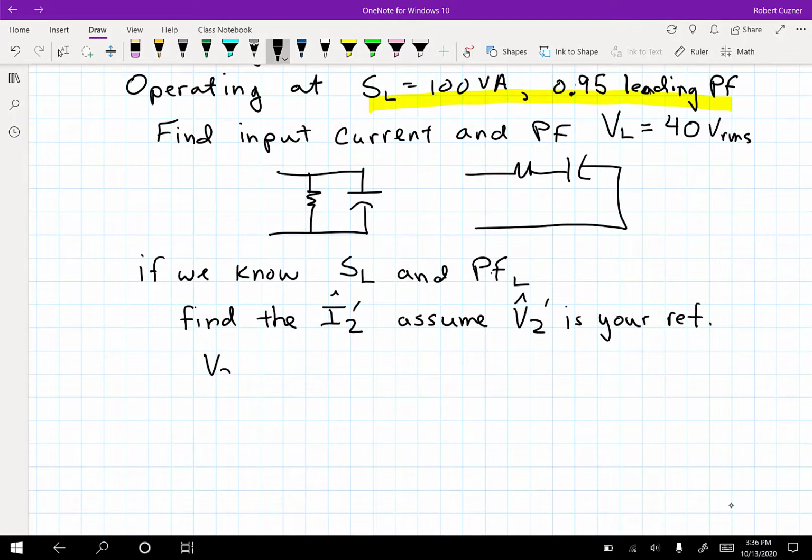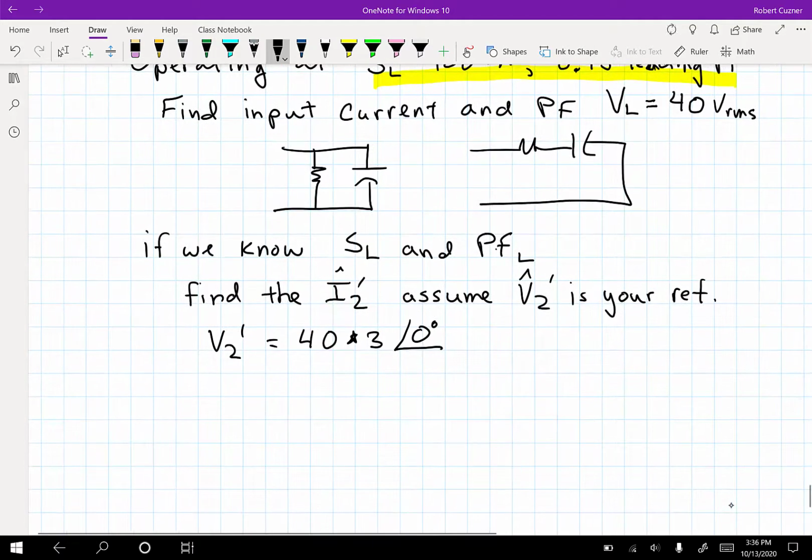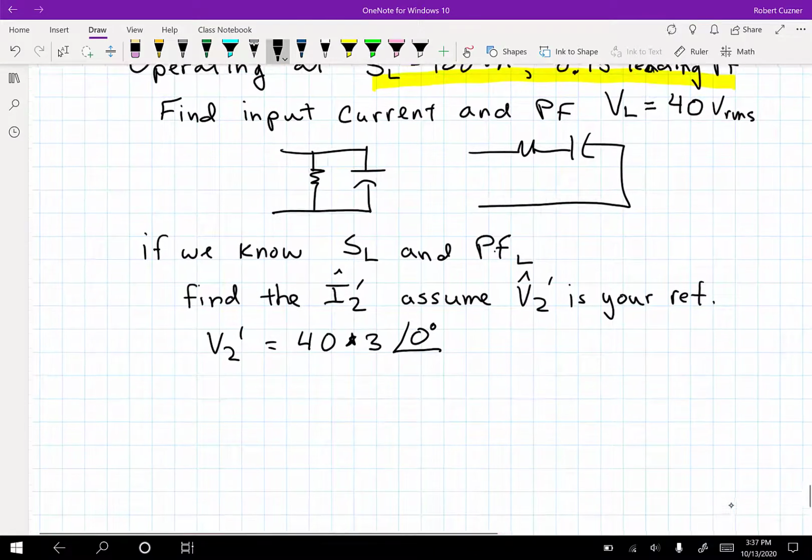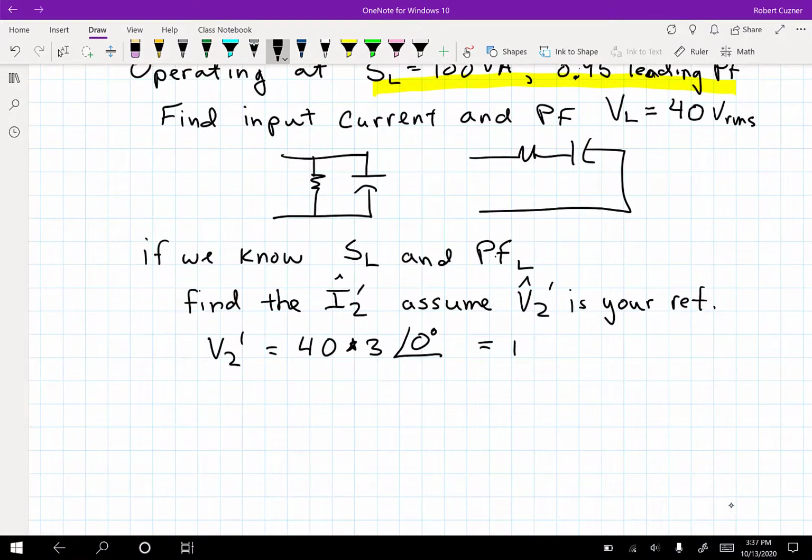Then V2 prime would be 40 times the turns ratio at 0 reference angle, because we're defining the power factor from that point. So that's essentially 120 at 0 degrees.